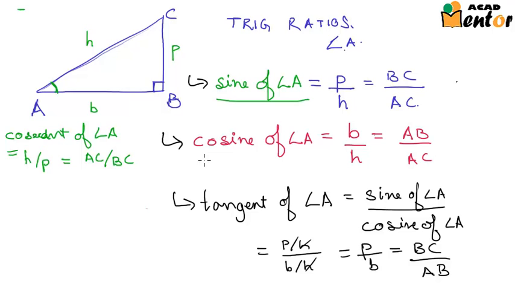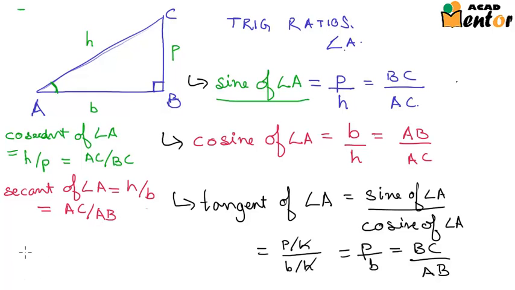The inverse of cosine is secant. So secant of angle A is 1 by cosine of angle A, and that would become hypotenuse by base. So that is hypotenuse by base and is nothing but AC by AB.